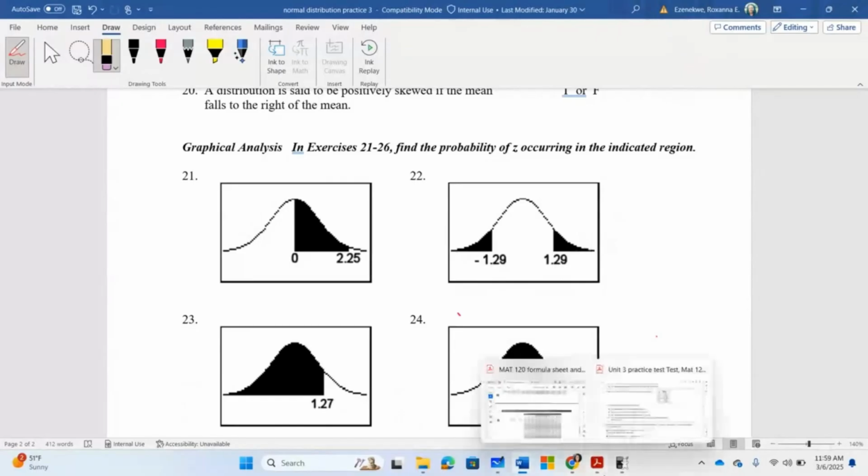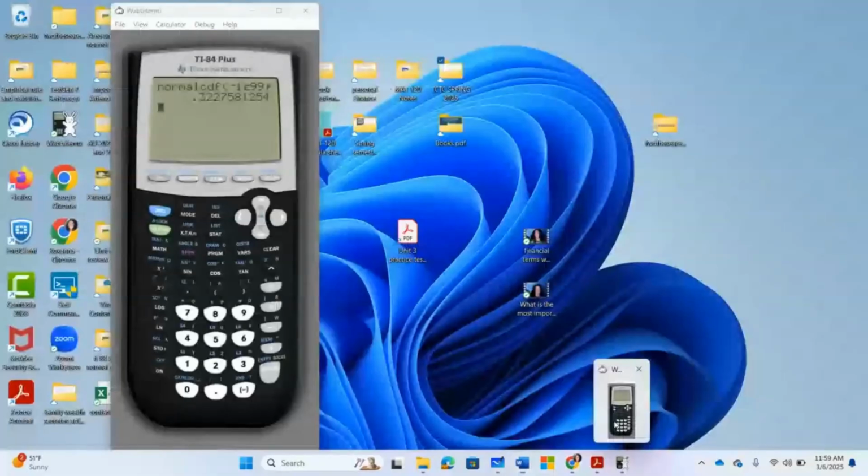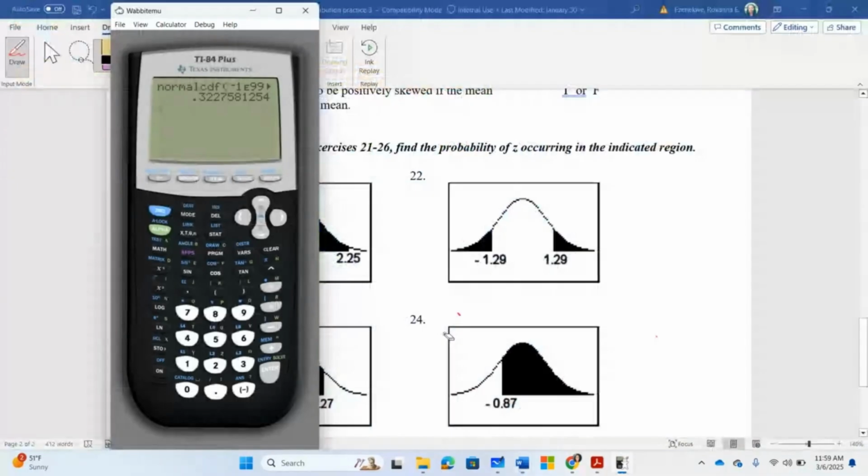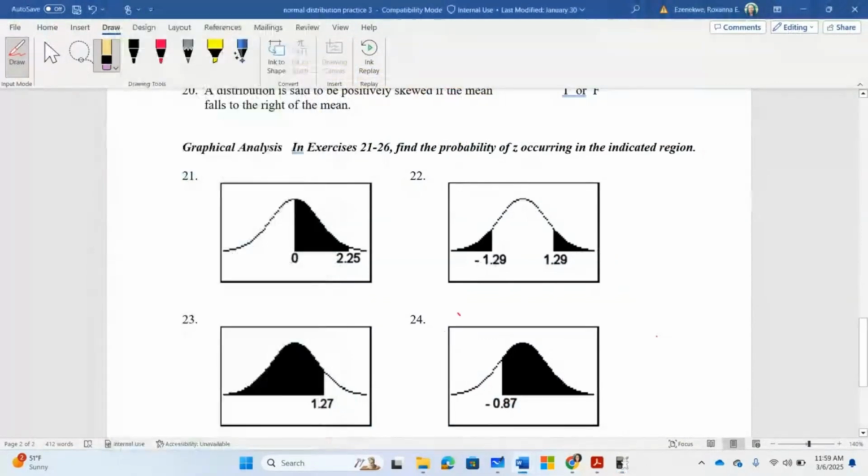Okay, let's do that. Area to the left, by the way, is what you're going to tell your calculator, normal CDF.